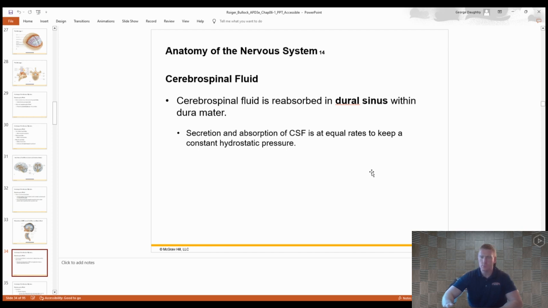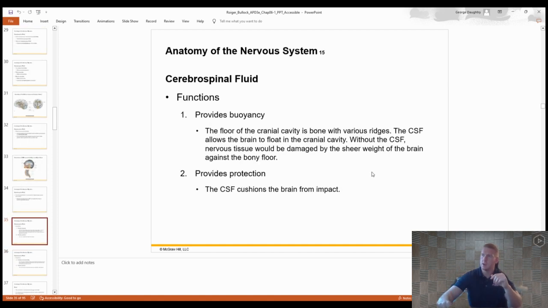So the rate of absorption versus no absorption is just dependent on diffusion pressures. If there is low pressure, then absorption goes down, and if the pressure is high, then the production goes down, et cetera, right? But it's all in an effort to create a constant hydrostatic pressure, okay?